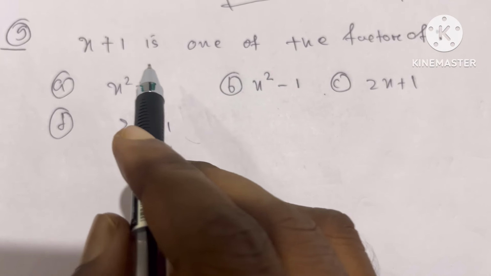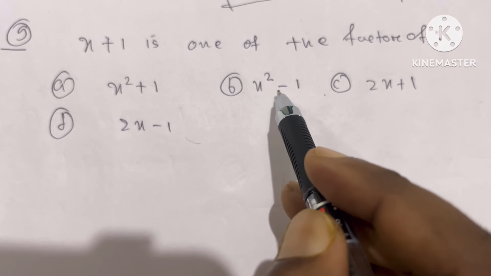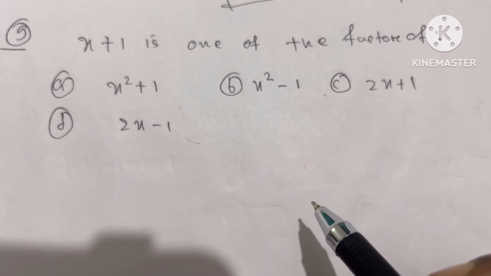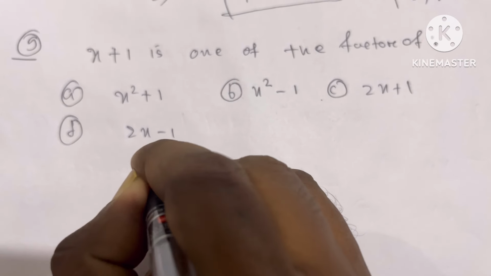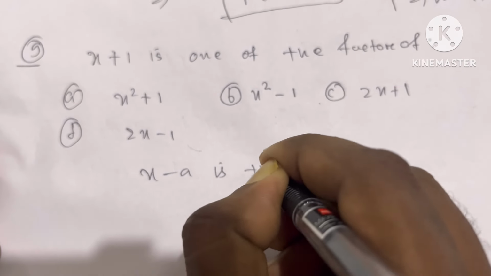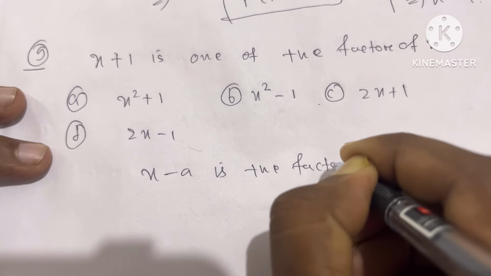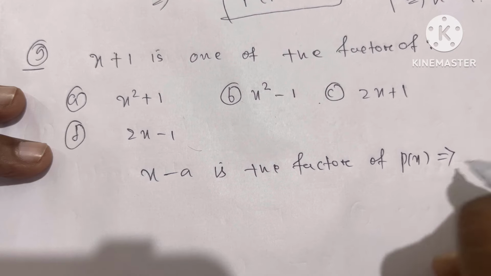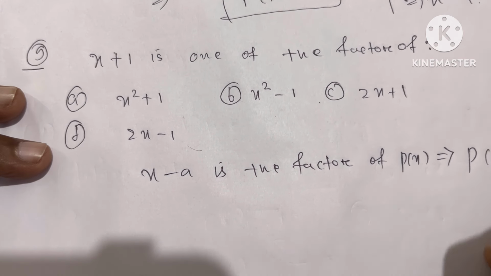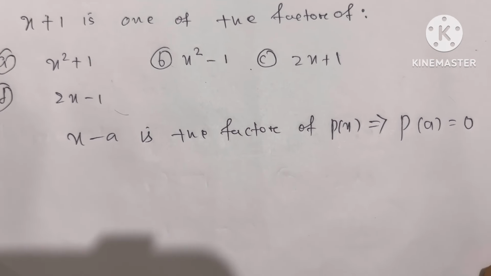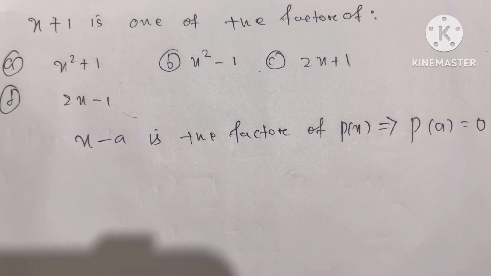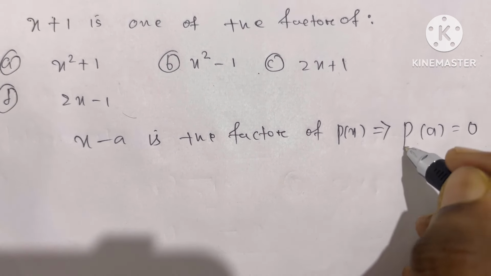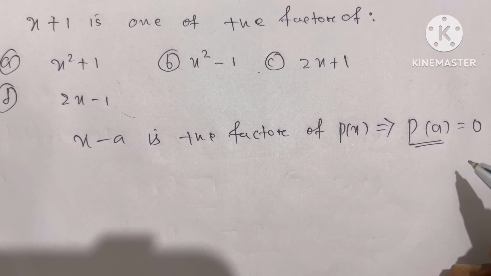Question number 9. x plus 1 is a factor of x square plus 1, x square minus 1, 2x plus 1, and 2x minus 1. By the remainder theorem, we can say that if x minus a is a factor of p(x), it implies p of a is equal to 0, that means the remainder is 0. Why am I putting the x value as a?